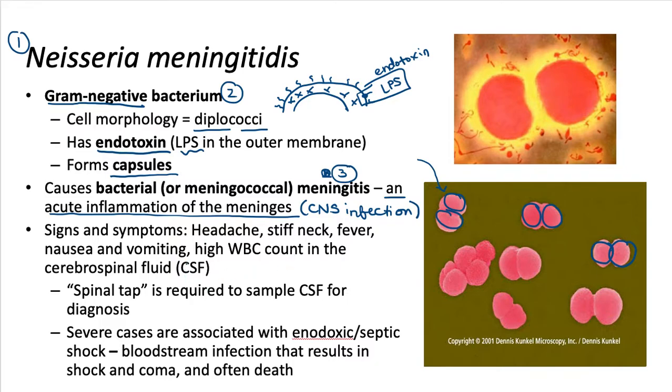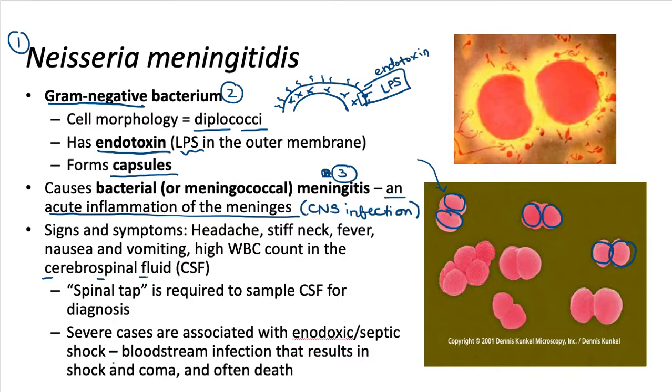In order to diagnose a bacterial meningitis infection, you have to sample the cerebrospinal fluid, or CSF, the fluid within the meninges layer surrounding the brain and spinal cord. It is not easy, nor is it comfortable, to get a sample of your cerebrospinal fluid. It requires a spinal tap, which is a tap into that CSF in order to get some of that fluid out and perform a diagnostic test.